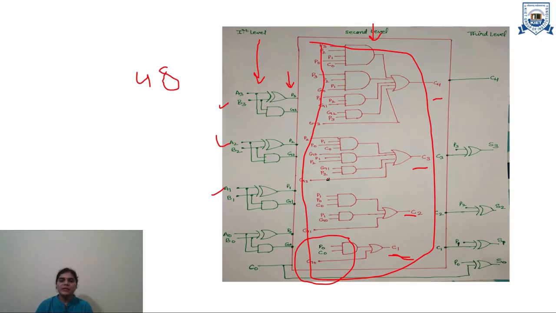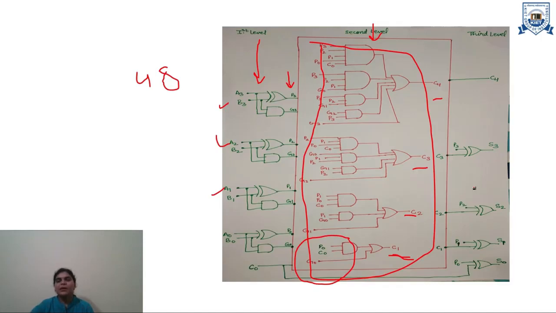In this adder, you may notice that the delay has been reduced, but the hardware circuit has become very complex, because we are using gates to calculate the carries.